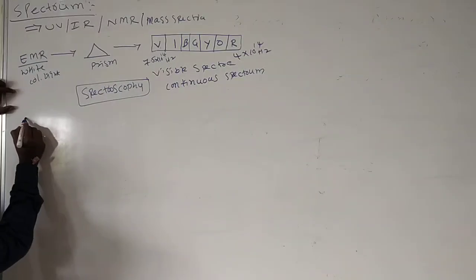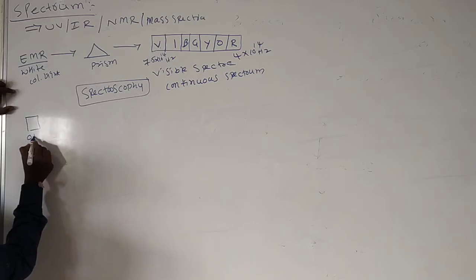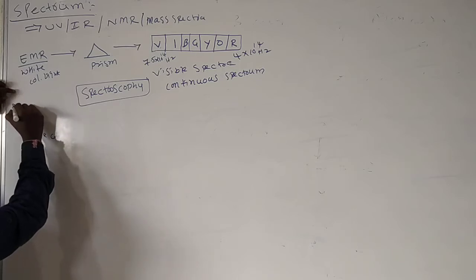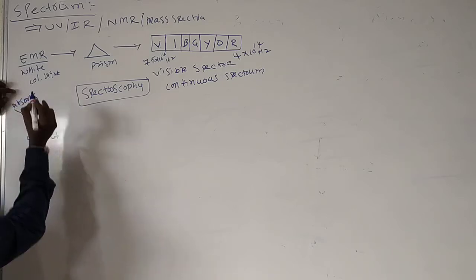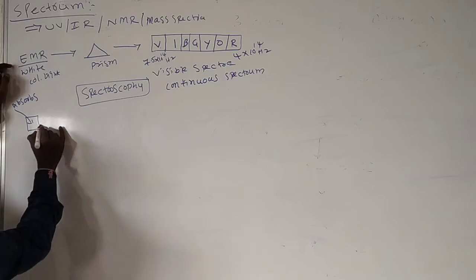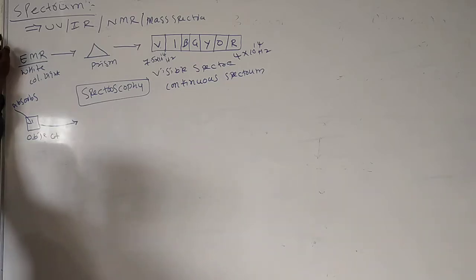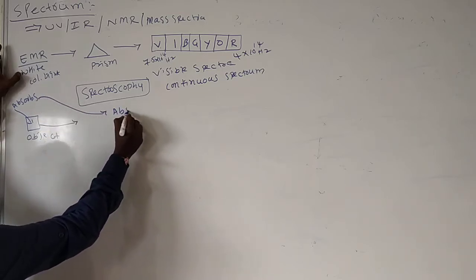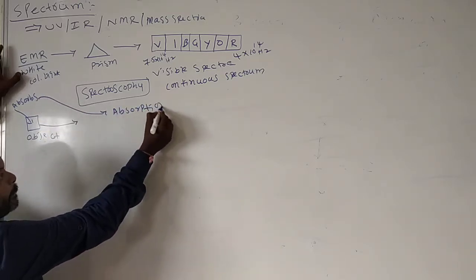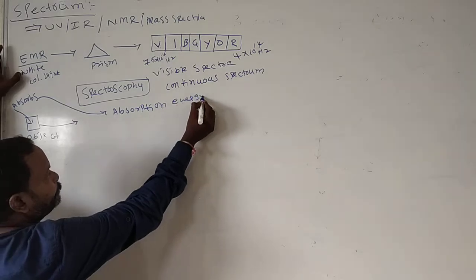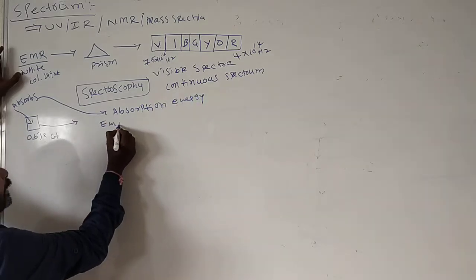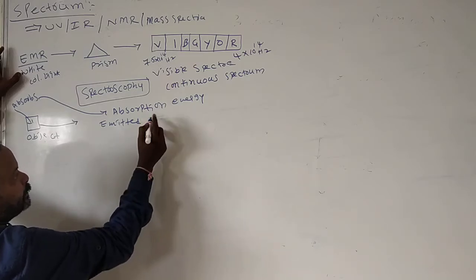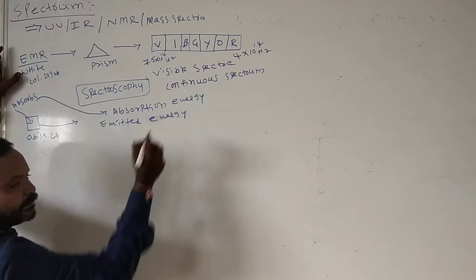Okay, for example, if any object absorbs some energy, and it emits also some energy. The absorbed energy we call absorption energy. Emitted energy we call emitted energy.